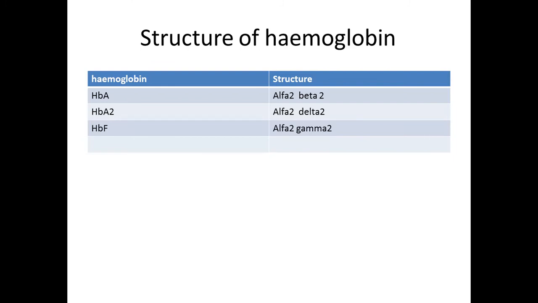So this constitutes the protein part of the hemoglobin, that is the globin part of the hemoglobin. So hemoglobin A contains alpha 2 beta 2, A2 contains alpha 2 delta 2, F contains alpha 2 gamma 2.